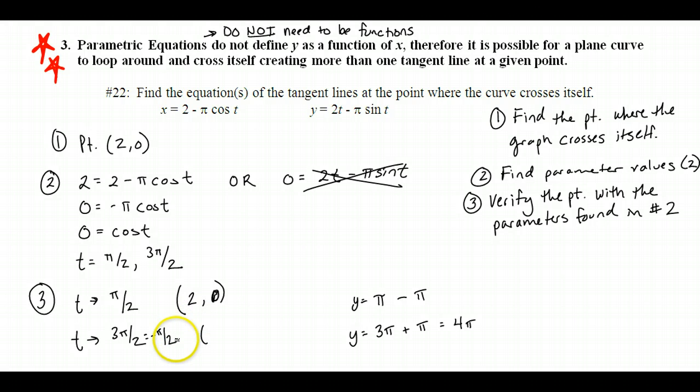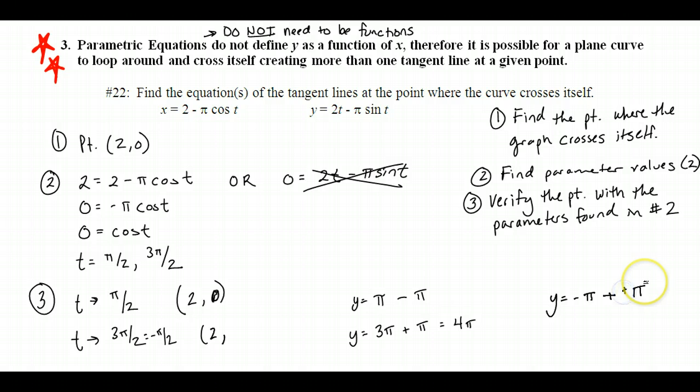So if I plug in negative pi over 2, cosine of negative pi over 2 is 0 times pi is 0. Well, that will give me 2. If I plug in my negative pi over 2 into the y equation, let me start at the beginning. 2 times negative pi over 2 will give me negative pi, minus sine of negative pi over 2 will give me negative 1, times pi will give me negative pi.